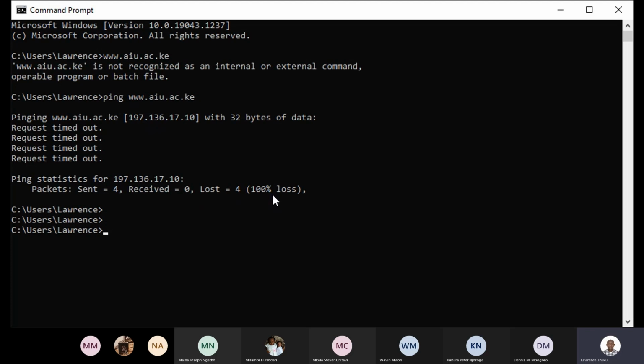As a protocol, it's meant to establish communication between the two devices. If there's no communication, it's supposed to send 4 packets. The request timed out, all those 4 statements that you're able to see there, are 4 packets of a certain byte level. And I want to see whether we can be able to communicate.